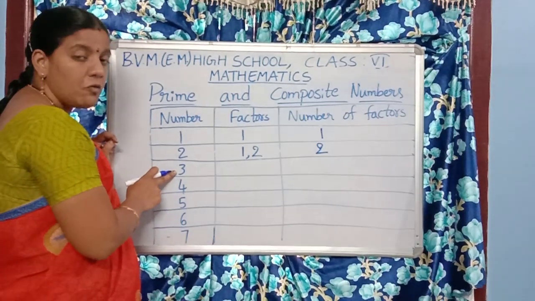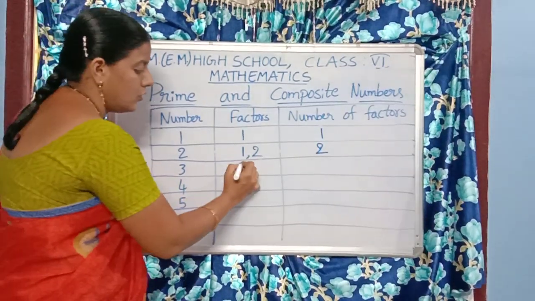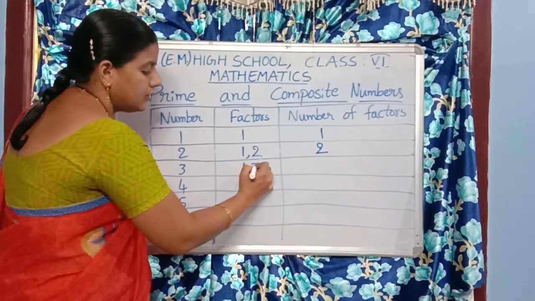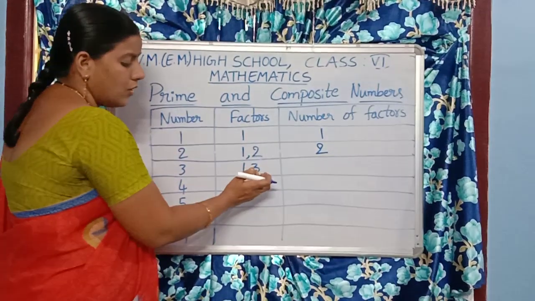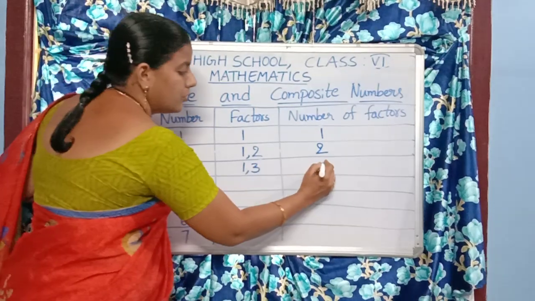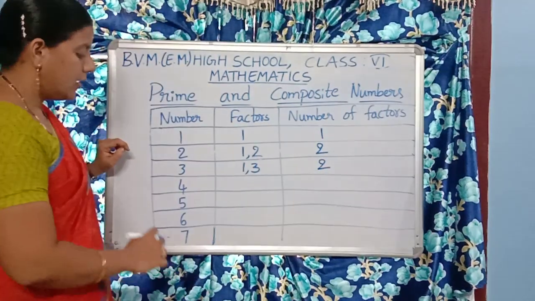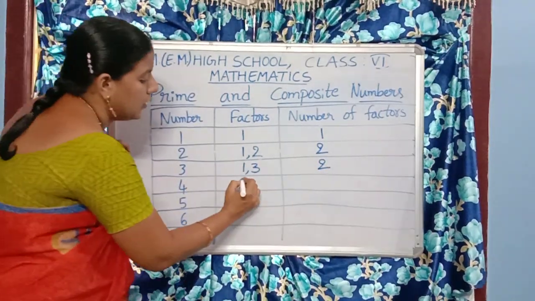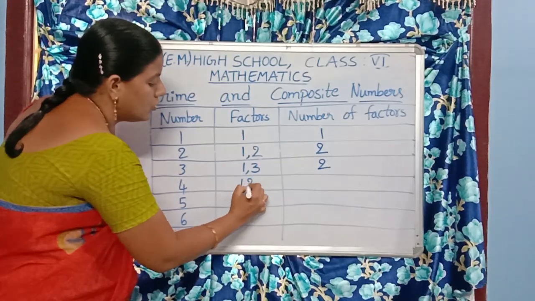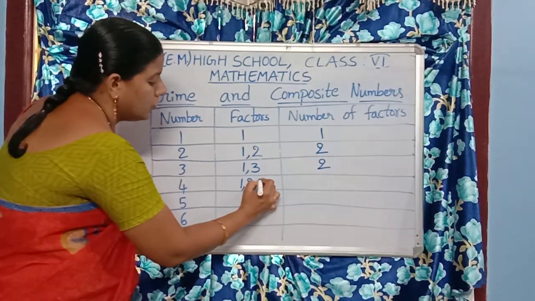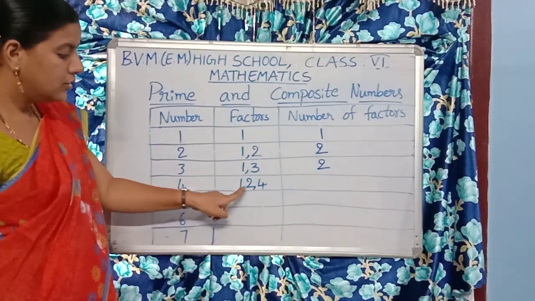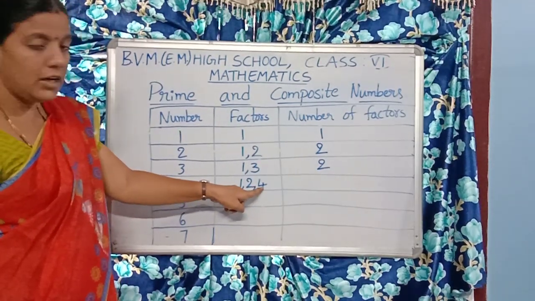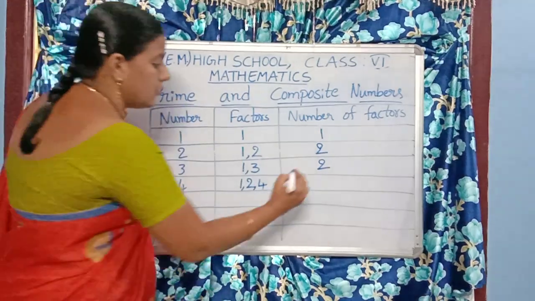Next, 3. What are the factors? 1 and 3 itself. So 2 factors. Next, 4: 1, 2, 4. Count: 1, 2, 3. 3 factors.